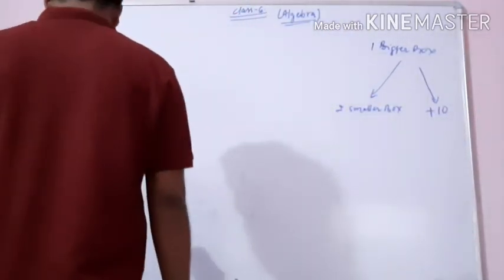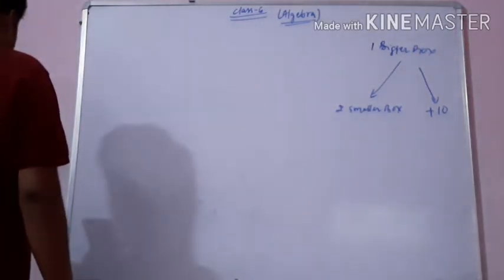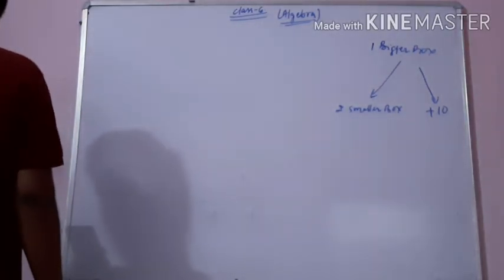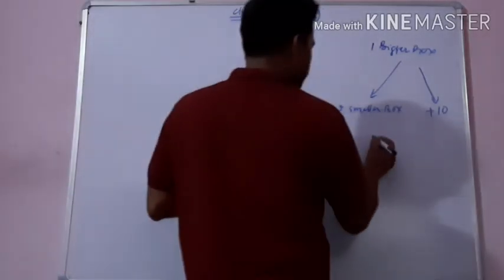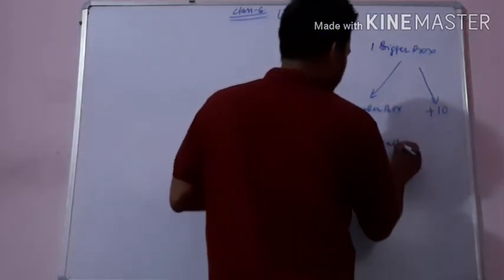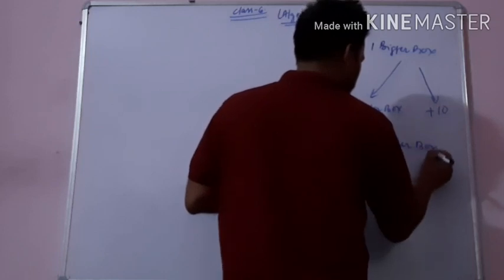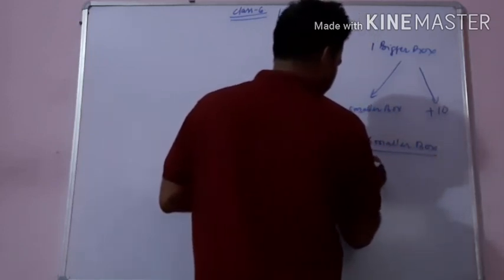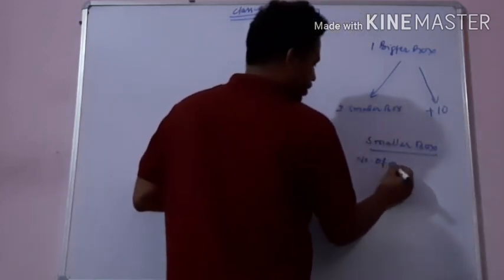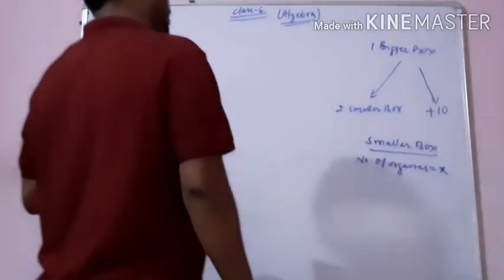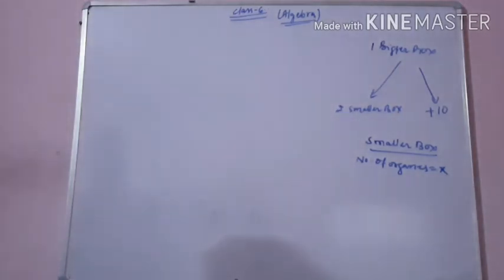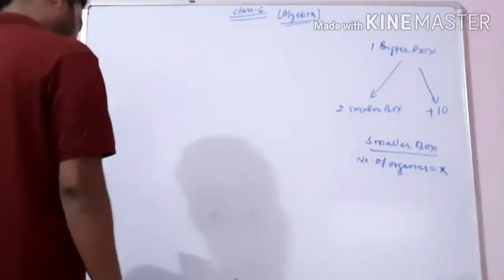If the number of oranges in a smaller box is taken to be X, how many oranges are there in a smaller box? X. What is the number of oranges in the larger box?